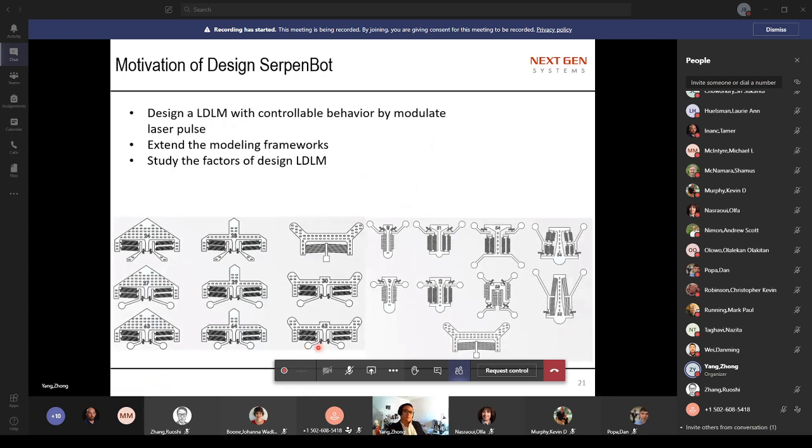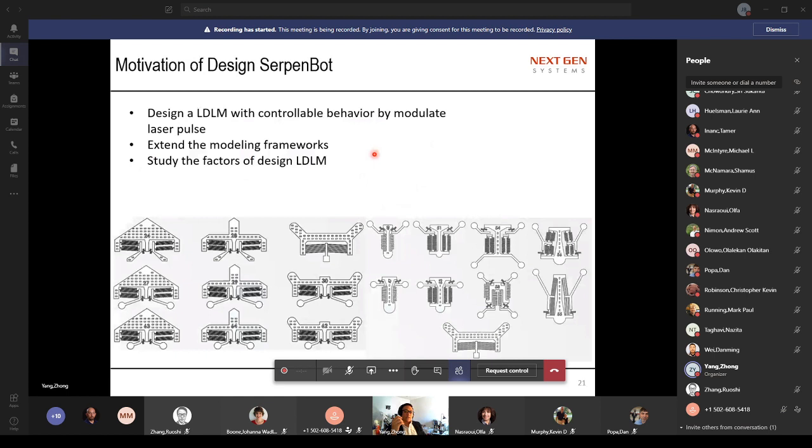So from the SharpBot, I found this is a proven laser-driven locomotive microrobot. This idea can work, but as we analyzed, the SharpBot is hard to make controllable because it only has one actuator, which can only supply 1 degree of freedom.